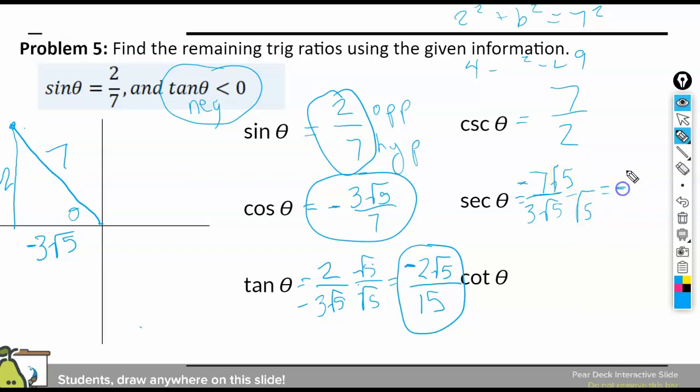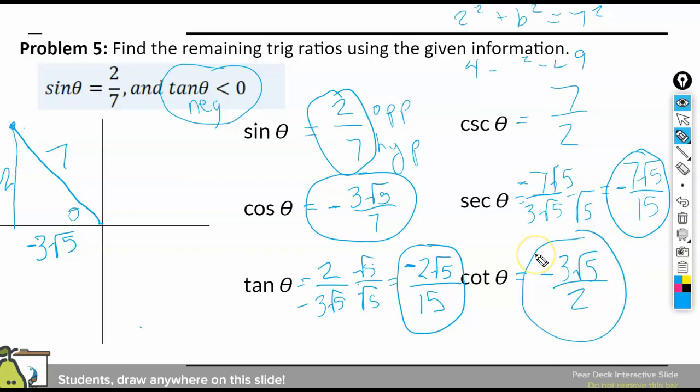And that's going to end up being -7 square roots of 5 over 3 times 5, which is 15. And then when I do the reciprocal of tangent, that's when I end up with -3 square roots of 5 over 2. And so that gets me all 3.